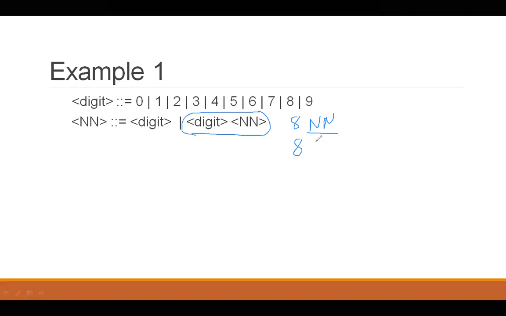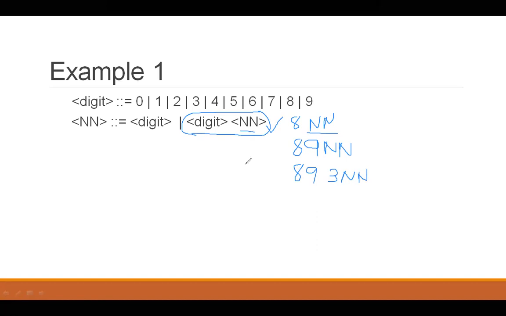The digit can be 9 and this natural number will still be here. Then I can again use this part of the definition, and say that a natural number can be 8, 9, and a digit and another natural number.